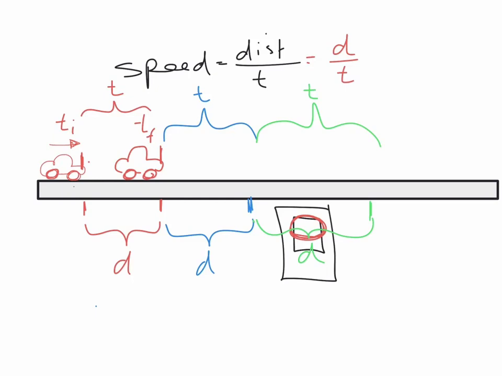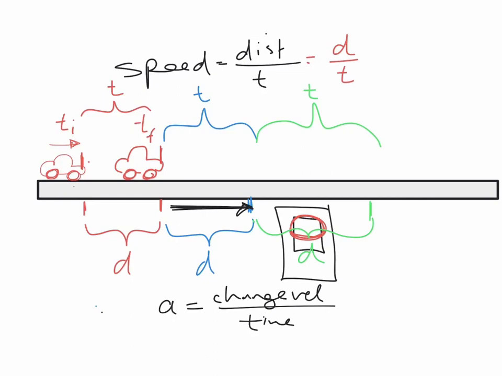Now, when it comes to acceleration, let's pretend that you discovered that this blue section was your top speed, that you think the car was going the fastest in here. Okay? If you're going to calculate acceleration, acceleration is the change in velocity divided by the time it takes.